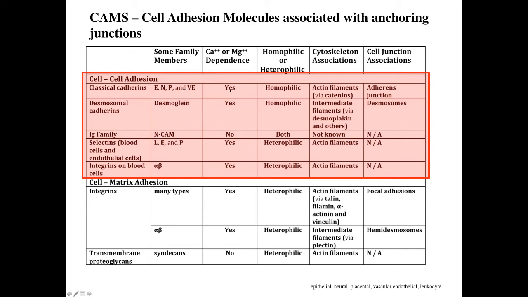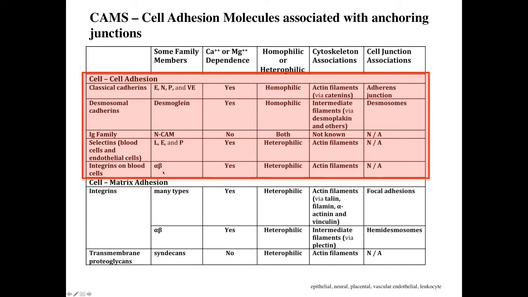These proteins are very much dependent on calcium and magnesium. They're usually homophilic binding. The cadherins interact with actin filaments. The desmosomal cadherins, like desmoglein, interact with intermediate filaments. The classical cadherins are in the adherens junctions, the desmosomal cadherins, as you might expect, in desmosomes.